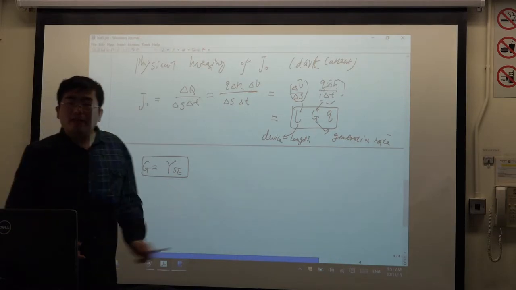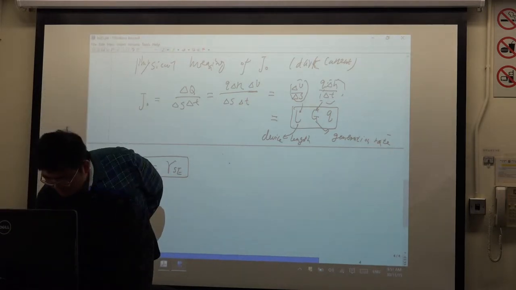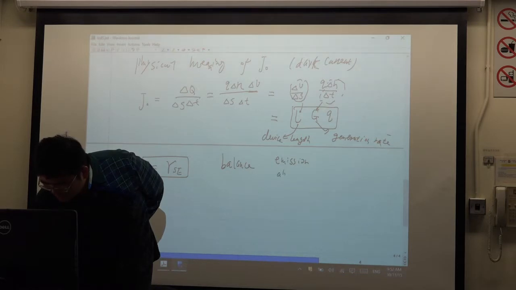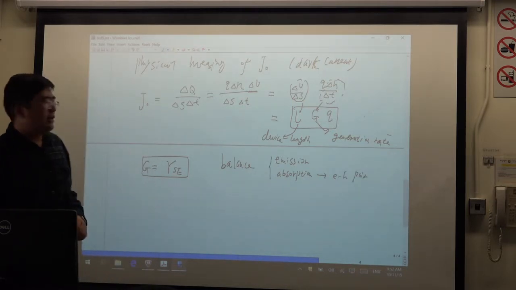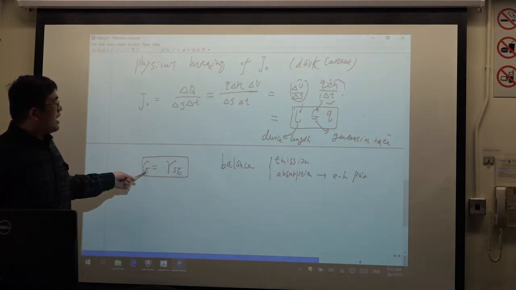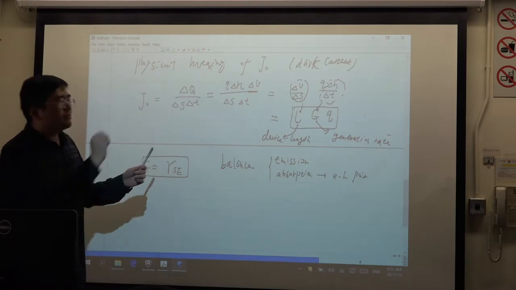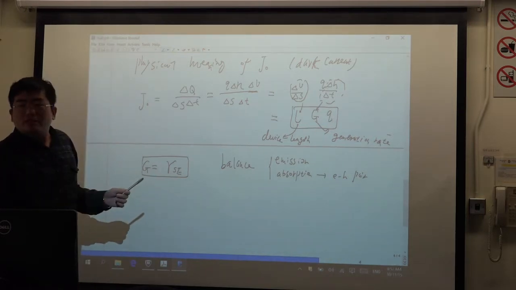That means there is a balance: the emission should be balanced with the absorption. Absorption generates electron-hole pairs, one photon generating one electron-hole pair. So how many electron-hole pairs are generated equals how many photons are emitted. This is the detailed balance at thermal equilibrium.